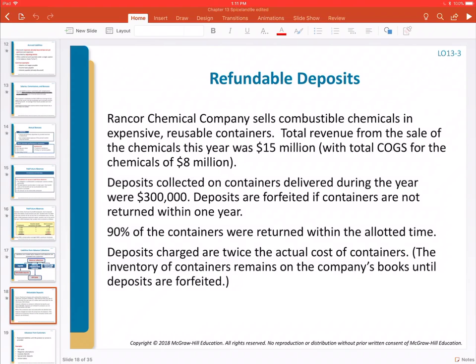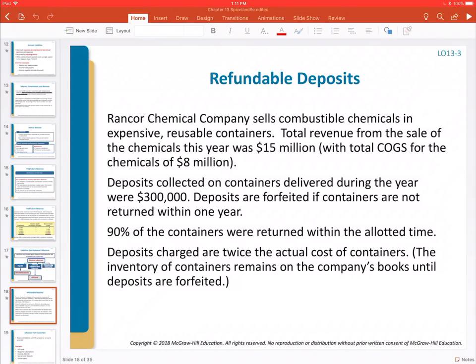In addition to that, we are going to assume that we collected $300,000 worth of deposits as it relates to those containers that the chemicals were transported in. So we not only charged our customers $15 million for the actual chemicals, we charged them an additional $300,000 for those returnable containers. If they return the containers, we'll give them their money back.